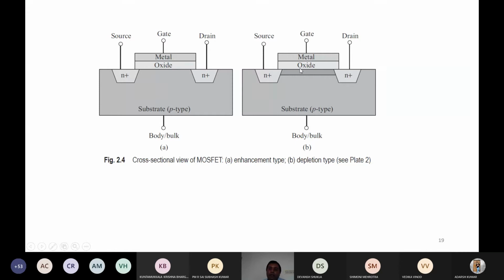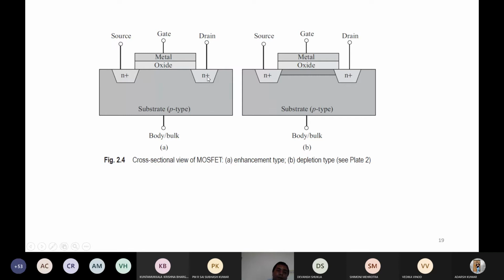And this is the metal, this is the oxide. Rest of the structure: metal, oxide, n plus diffusion for source and drain. Here also the same: n plus diffusion, oxide, metal, substrate. But this uses ion implantation. A certain region on the body is made n type, so the n type channel is already present during fabrication.